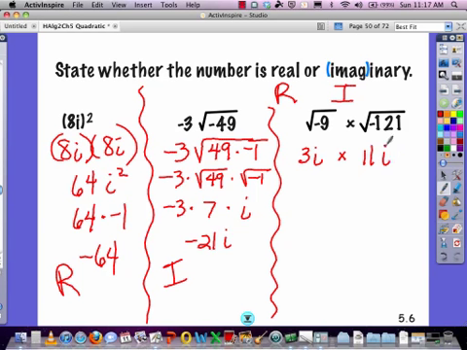Numbers times numbers, variables times variables, just like we always have, we would get 33i squared. i squared is better known as negative 1, based on our little memorizing that we talked about for imaginary numbers, and negative 1 times 33 is negative 33. So we definitely have a real number situation there. So you don't just look at what you have to begin with and say, oh, that's negative, that's a square root underneath. You have to actually go through and simplify each problem.